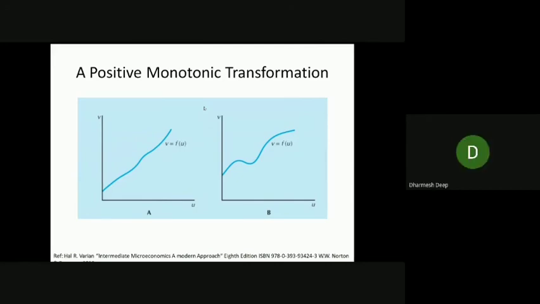I would say a function is increasing or decreasing, then it is monotonic. So do you know the differences between homogeneous and homothetic functions? You don't know the differences between homothetic and homogeneous functions.